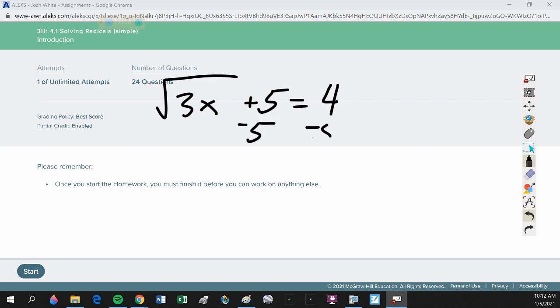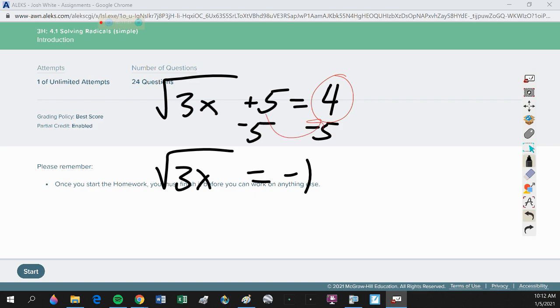So I subtract 5. And I get the square root of 3x is equal to negative 1. And the square root cannot equal a negative number. So that is a no. Even though in the beginning it looked like we had a solution because the 4 was positive. But when we move that 5 to the other side, you'll notice that that doesn't actually work.